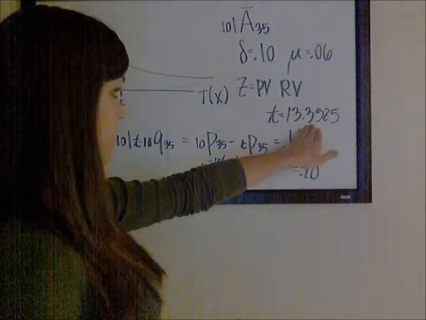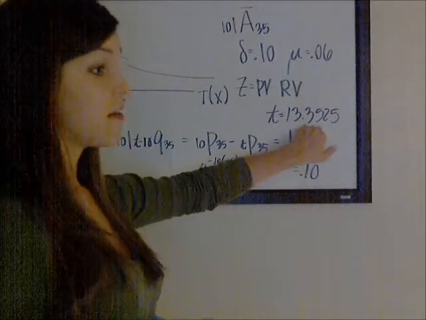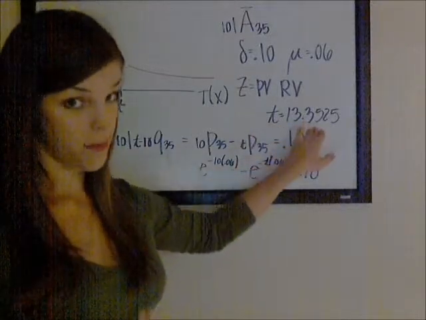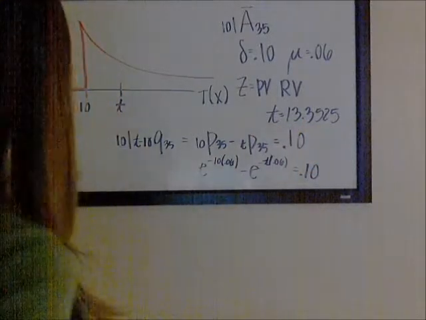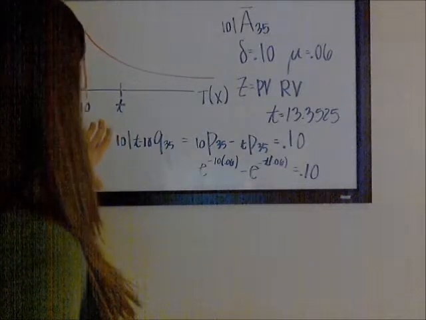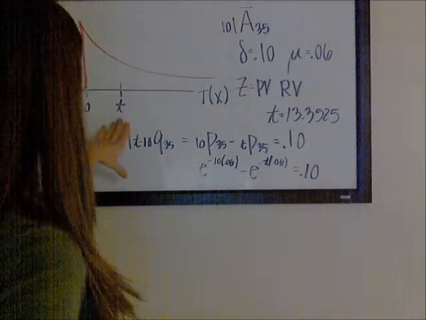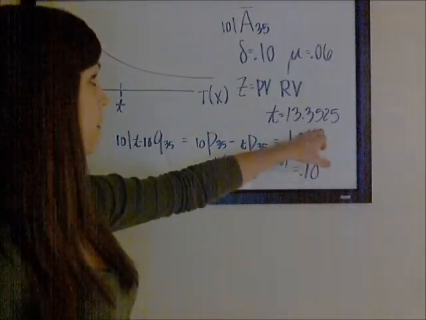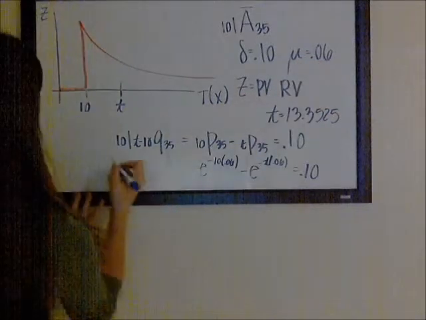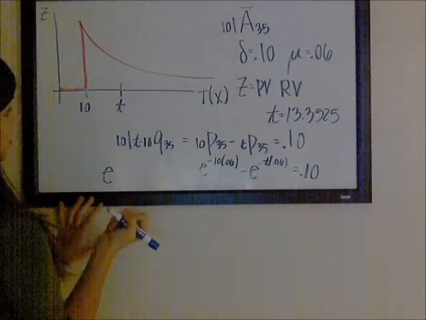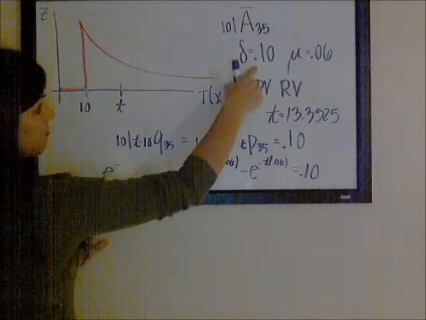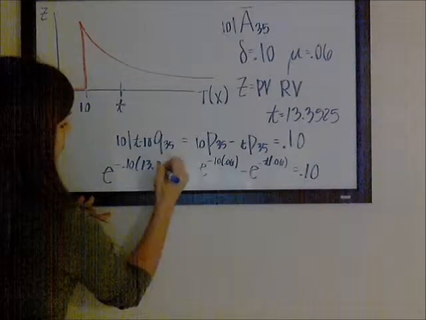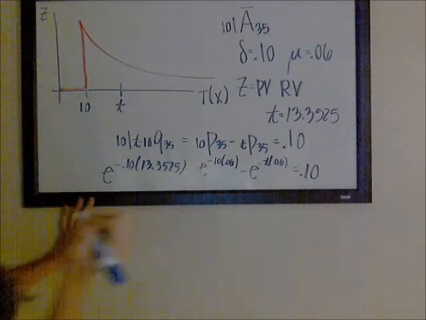But since we have that t, we can use that to find the associated present value of the insurance at that point t. So the present value of this insurance that pays at time 13.3525 will just be e to the negative force of interest times 13.3525.